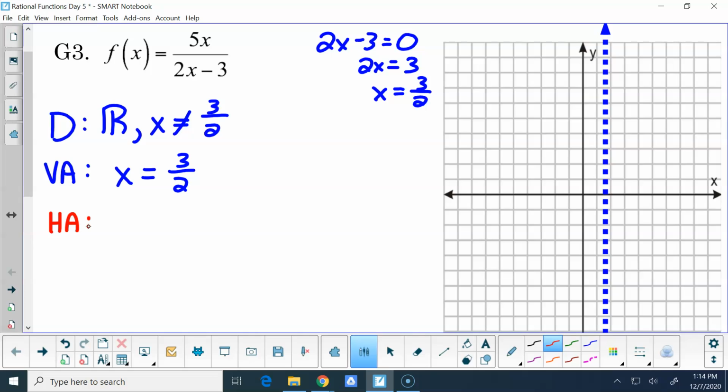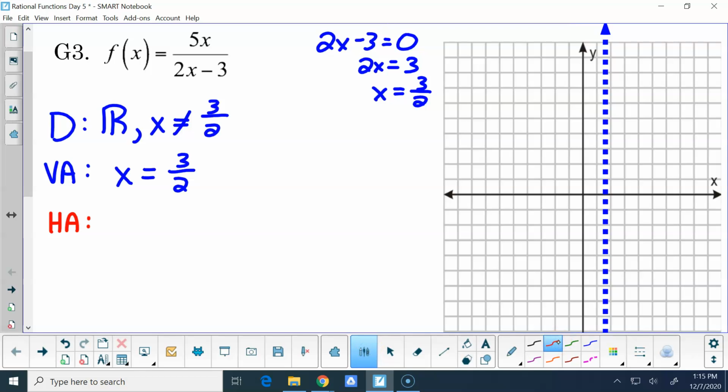And there's a couple of options that we have out there. Degree. What's the degree of a polynomial? The biggest exponent. Yeah, okay. So what's the exponent on the top, or in the numerator, on this function?